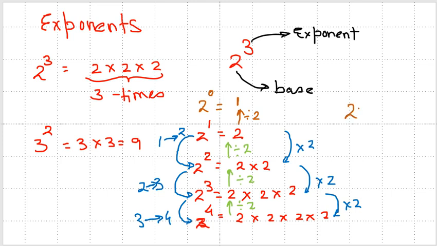That means 2 to the power 0 equals 1. By that logic, 5 to the power 0 is 1, and 100 to the power 0 is 1, and 0.1 to the power 0 equals 1. Make sense?